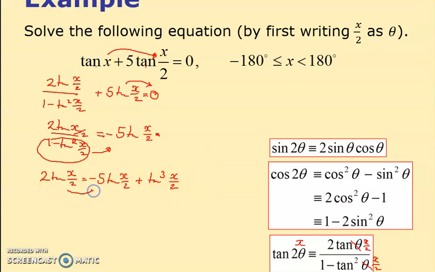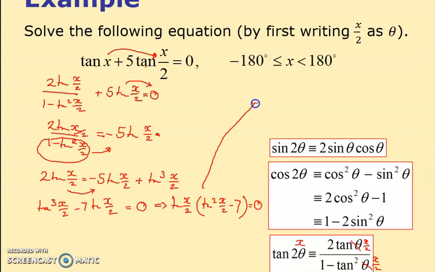Now I can move this over here, and it gives me tan cubed x over 2, that becomes a minus 7 tan x over 2 equal to 0. And I'm going to straight away take out the tan x over 2 as a common factor, and that then gives me tan squared x over 2 minus 7 equal to 0.